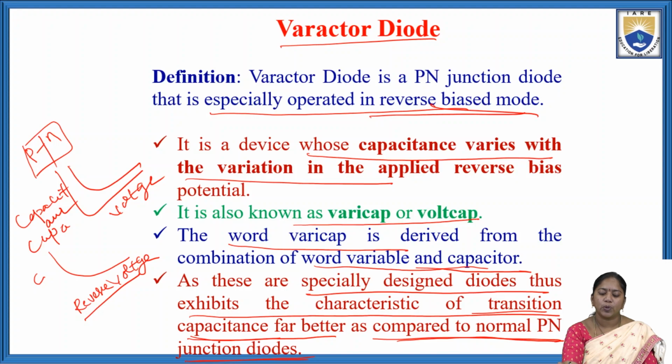It is also known as the varicap or volt cap, derived from the words variable and capacitor, as these are specially designed diodes with better transition capacitance than normal PN junction diodes.